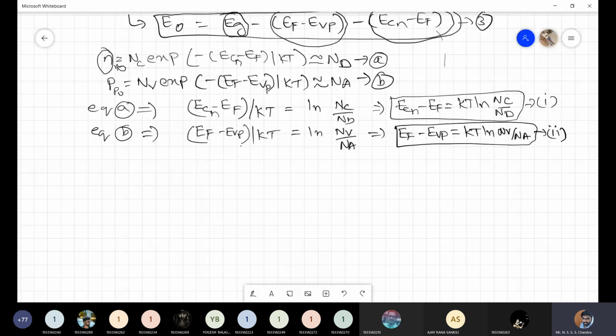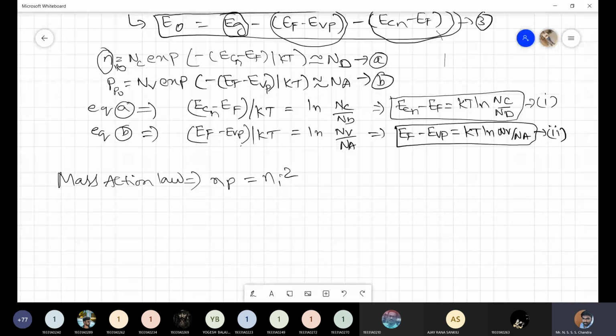So we have an expression for n and we have an expression for p. If you remember from the review of semiconductor physics, you have something called the mass action law. The mass action law says that n into p equal to n_i squared.